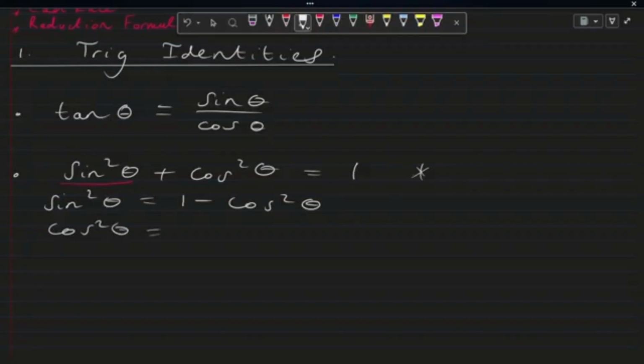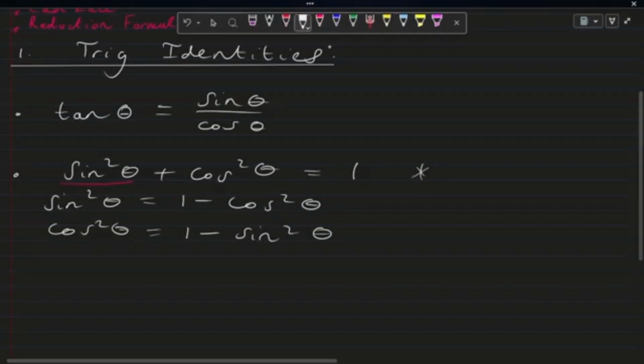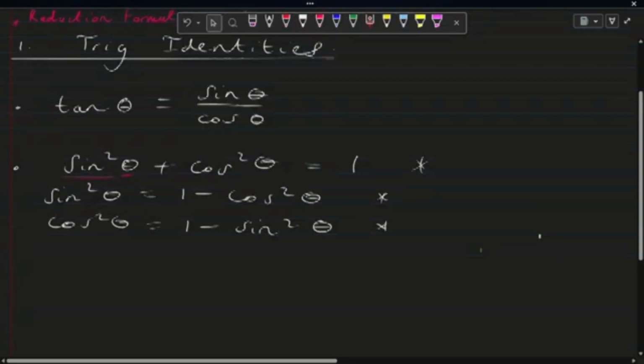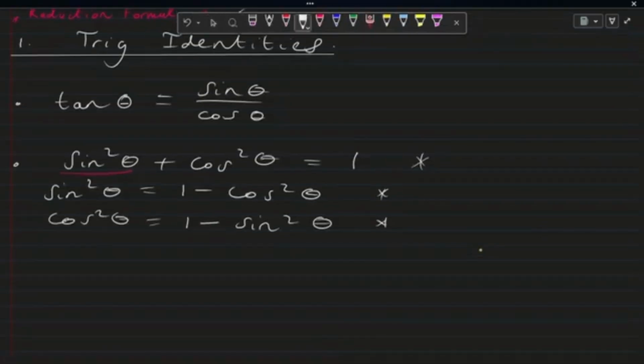I can say that cos squared theta is basically equal to 1 minus sine squared theta. Okay, so these are super important for us to take note of, because we will be using them a lot in this particular section.